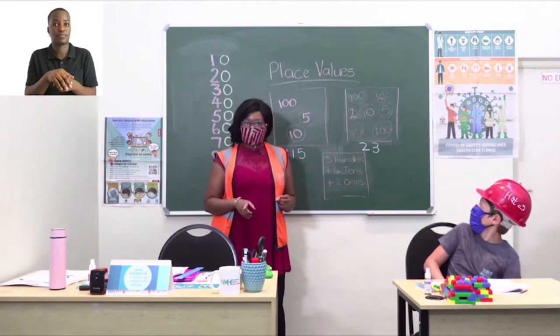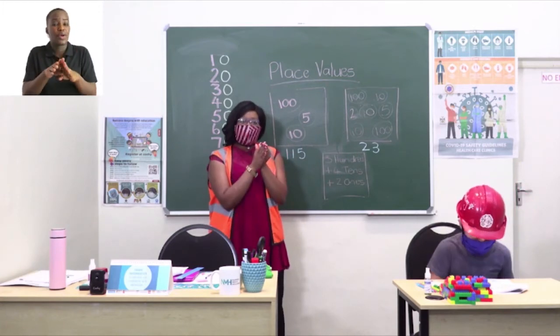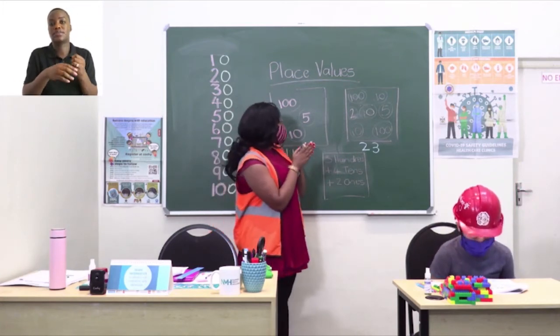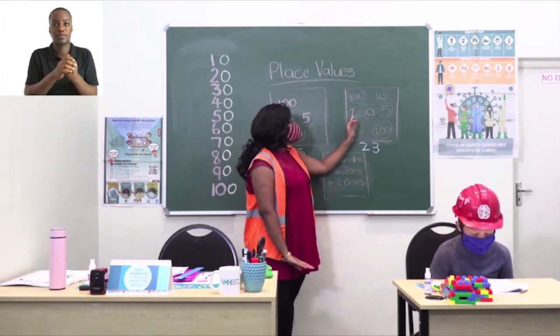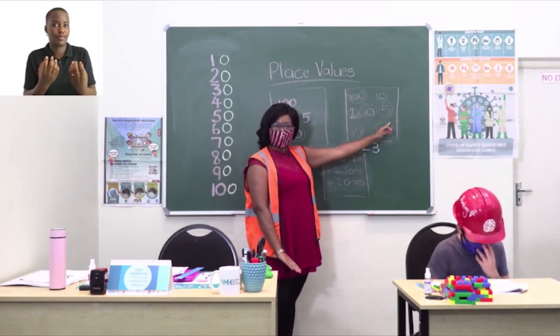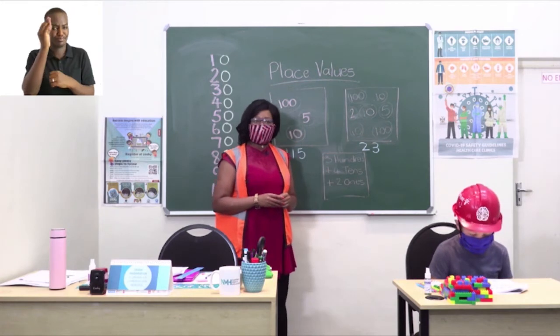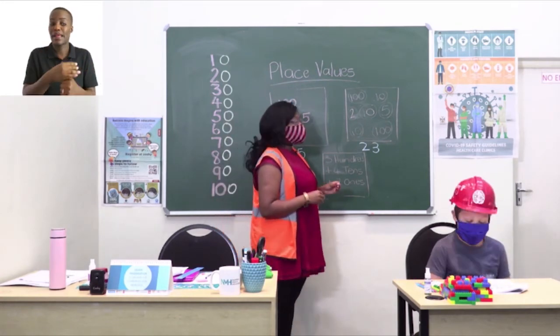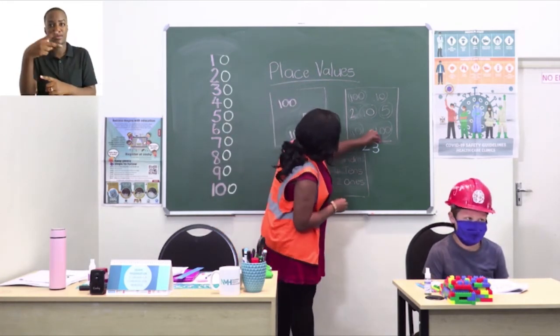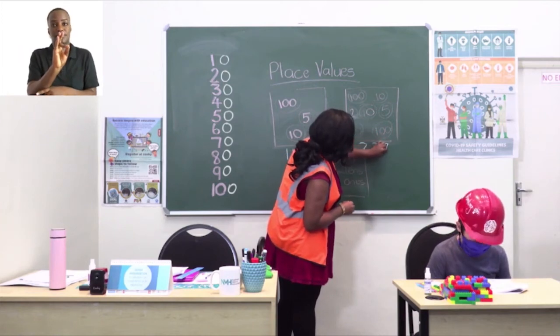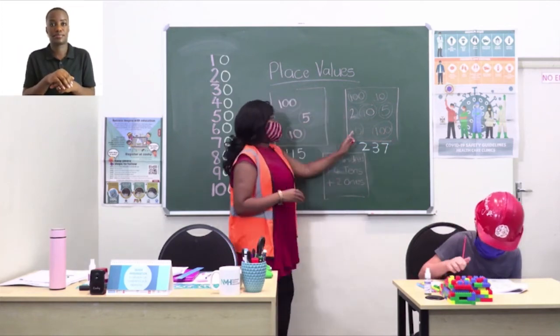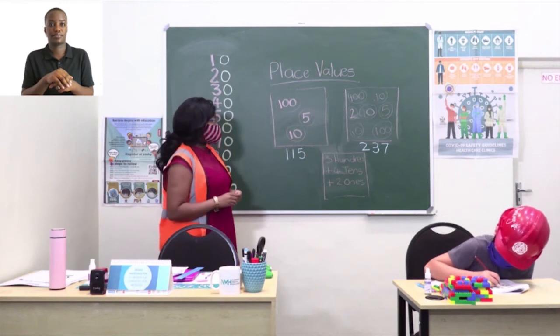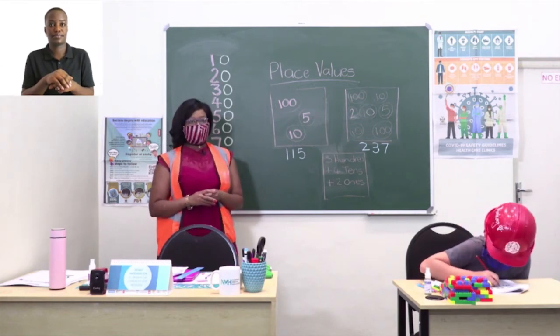In this case now, we need to add the ones together. So what is 2 plus 5? You already know the answer because it's easy. 2 plus 5 equals 7. So we write our 7 there. So this should be the answer you must get in your booklet.